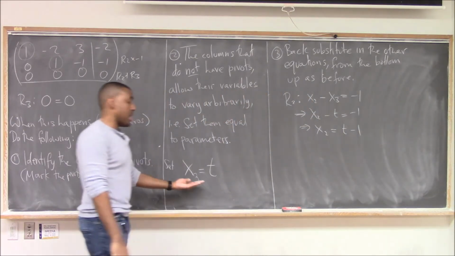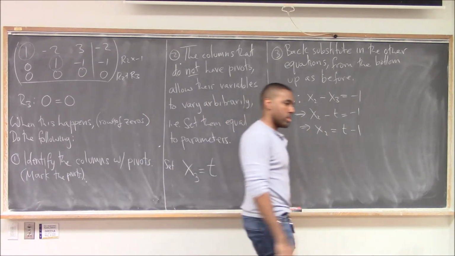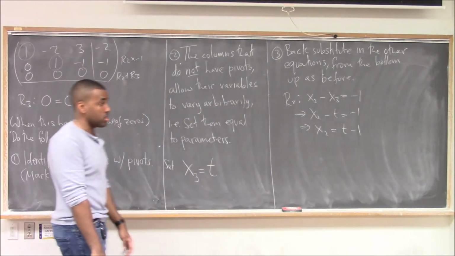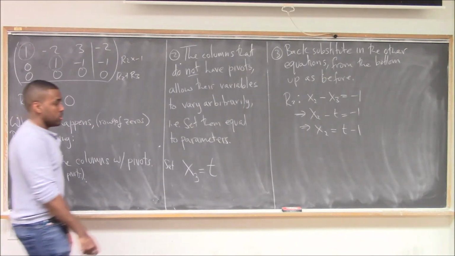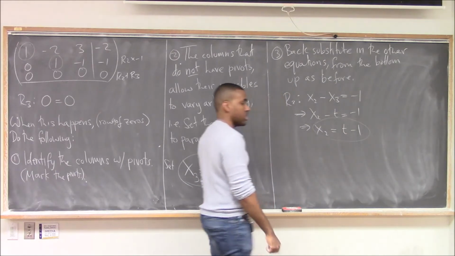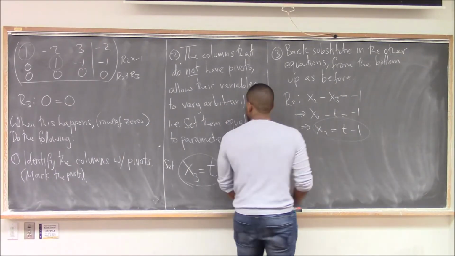When my x3 is allowed to be anything, my x2 is allowed to be anything as well. It's just off by one step in this case. So I set my x3 to be t, my x2 is consequently t minus 1, and then I go back into row 1.